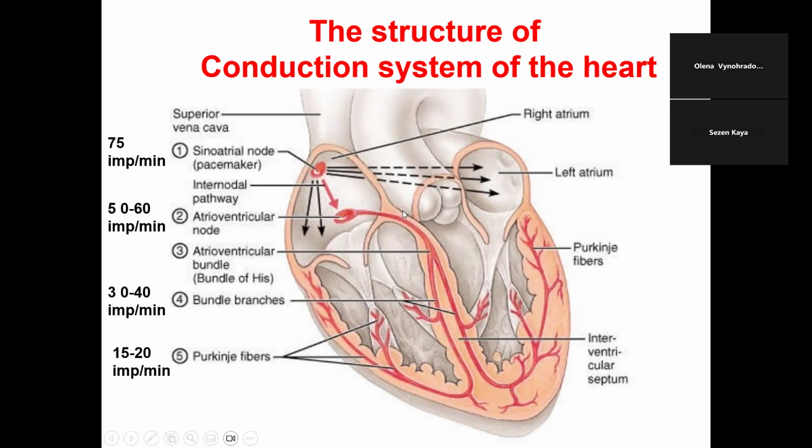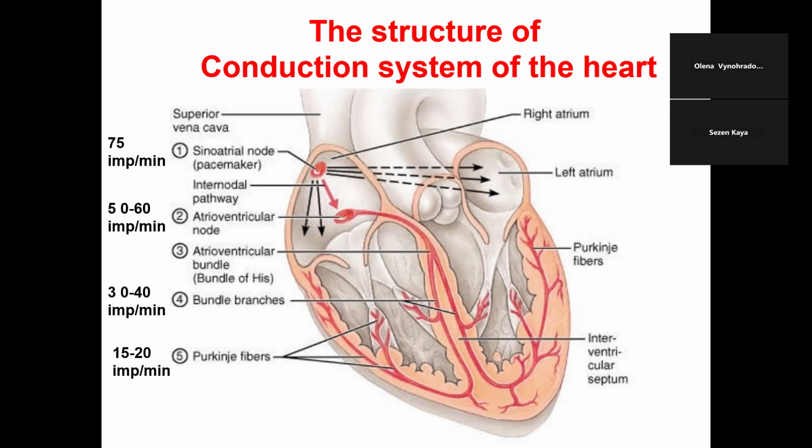Next, the bundle of His or atrioventricular bundle. Next, the bundle branches. And last, the Purkinje fibers. All of this is the conduction system of the heart.